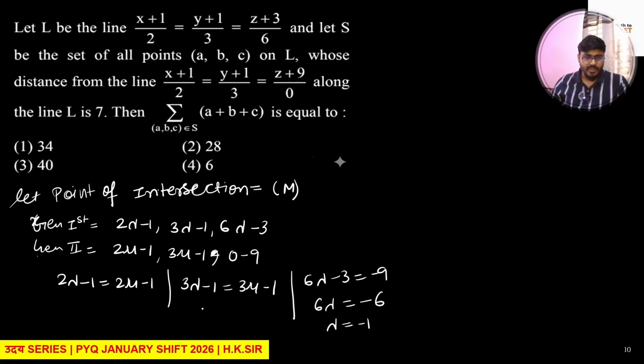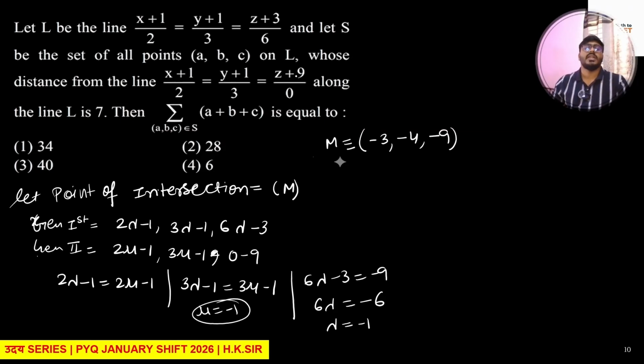If lambda is minus 1, mu is also minus 1. So the coordinates of point M: put lambda equal to minus 1, we get minus 3, minus 4, minus 9. So this is the coordinate of point M.